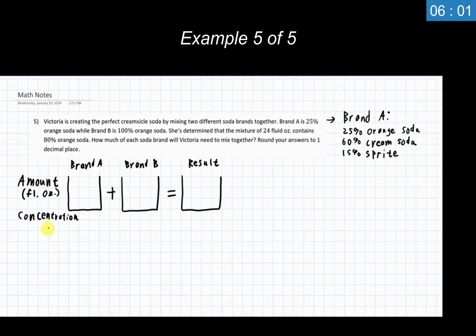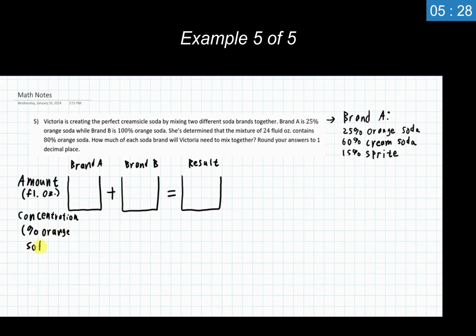Now, the concentration is only able to track 1 single percent in this problem. And what is the concentration percent that we are very specifically tracking? Well, the problem has to tell us what that is. She's determined that the mixture of 24 fluid ounces contains 80% orange soda. So what is the percent that I am tracking in this problem? I am tracking orange soda. So I'm just going to write that in.